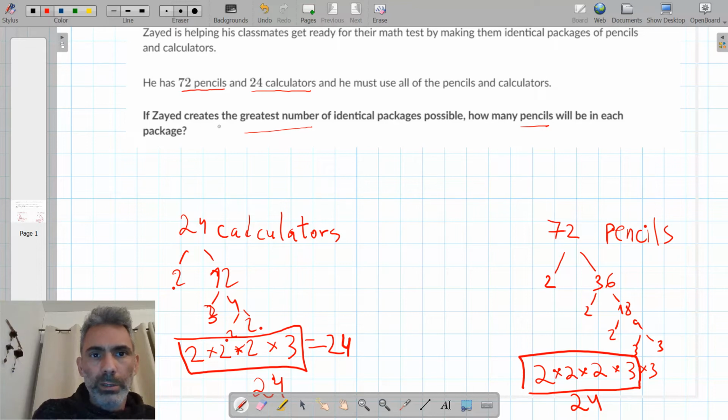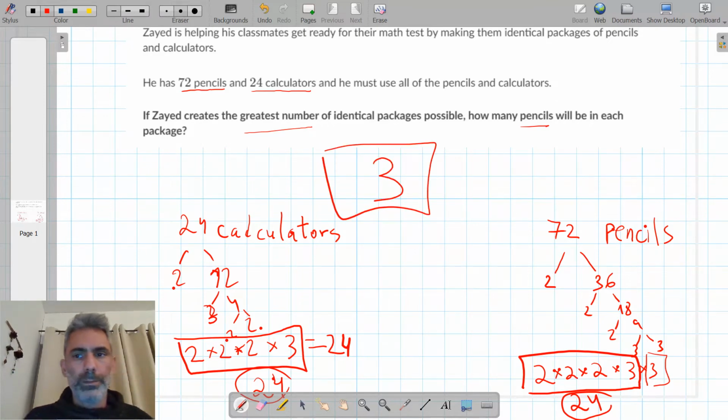So if they create the greatest number of identical packages possible, which is the greatest common factor, how many pencils will be in each package? 3. So the answer is 3.